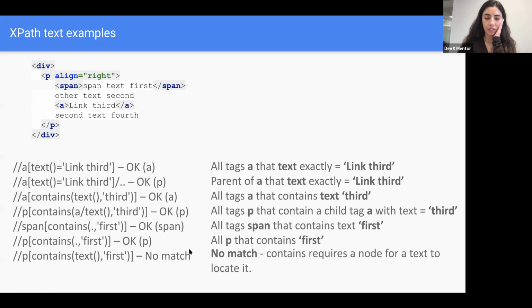Yes, so because when it's equals, it looks for exact string, and when we have, okay, it contains. I'm sorry, my mistake. So it's gonna look for first in P tag, and we don't have any first in the P tag, so it requires a node for a text to locate it.